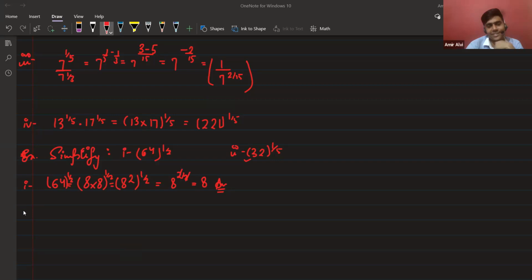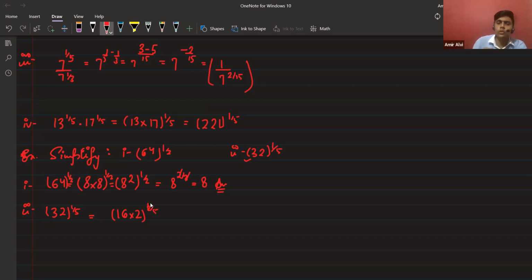Like basically what you have done, Simrat? I took 2 raised to the power 5. Very good. 32 can be written as 16 into 2. There are numerous methods to write 32, right?